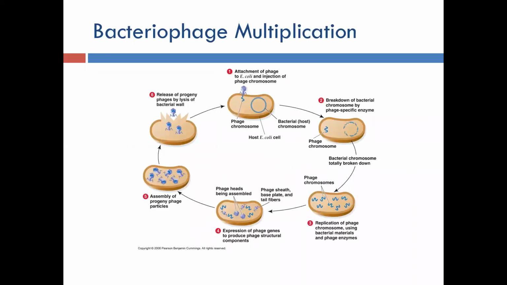This image gives you a better idea of what's going on with bacteriophage multiplication, and it shows you the step-by-step procedure that's taking place, right? In the first step, a bacteriophage is infecting a bacterial cell. You have attachment of the phage. It's infecting E. coli in this case, and it injects the phage chromosome, whether it's DNA or RNA, into the host cell.